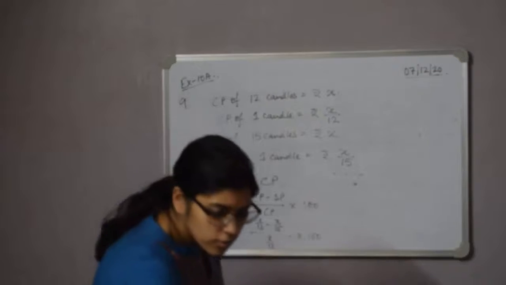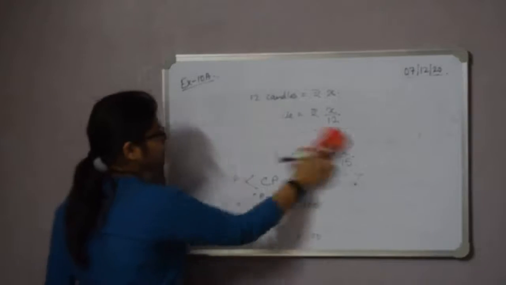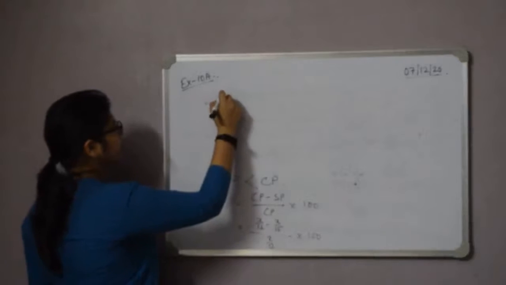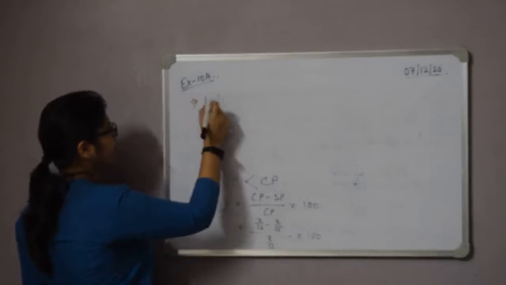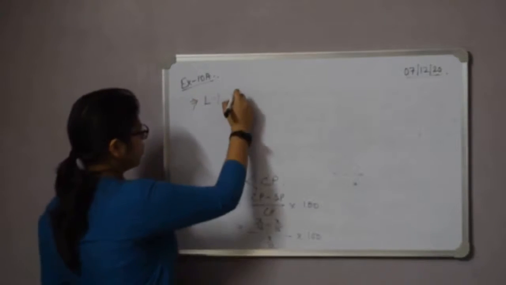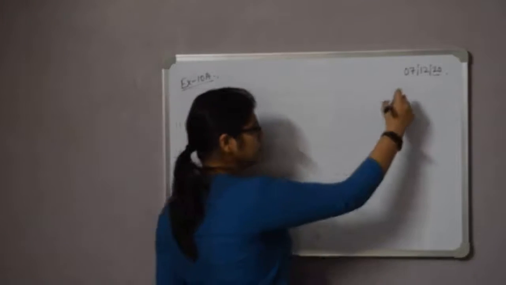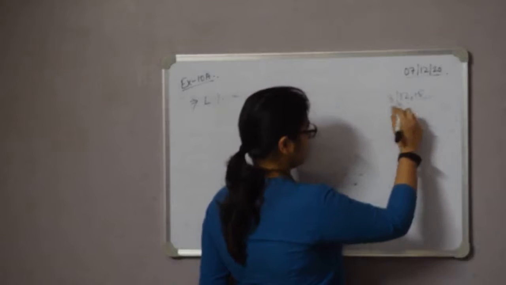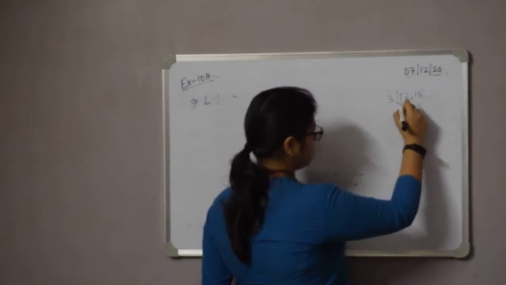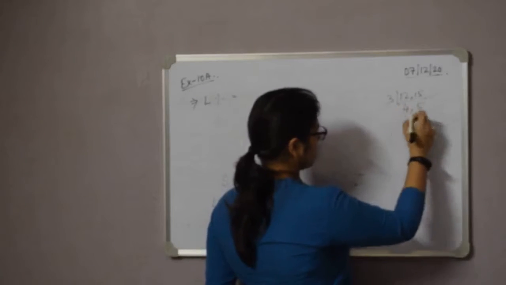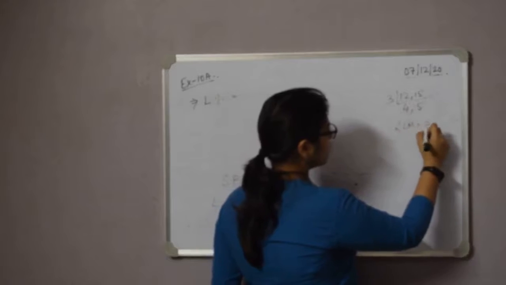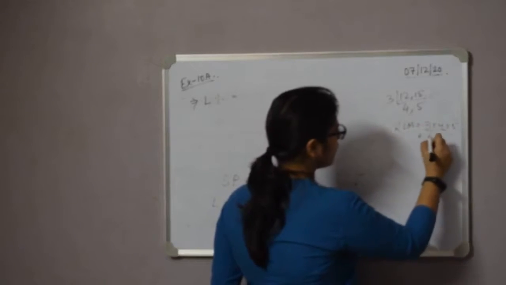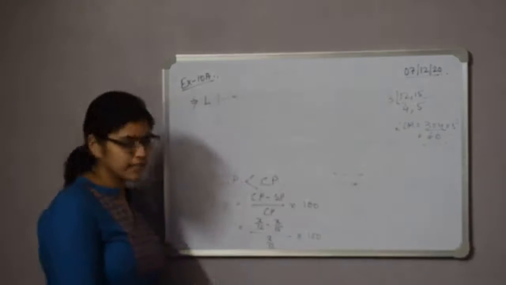So if you simplify this, you will get loss percent equals to, you have to find out the LCM of 12 and 15. So 3 4 12, 3 5 15. So LCM will be 3 into 4 into 5. So 3 4 12, 12 5 60. So 60 is our LCM, right?